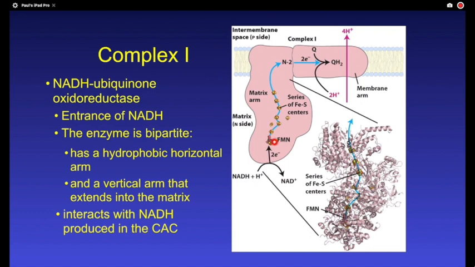Then right next to it is an iron center, and right next to it an iron center, and right next to it an iron center. They are very close in proximity, such that the electron can jump from one center to the next. What people have termed this is a little wire inside the protein in which the electrons are just flowing up that particular path.